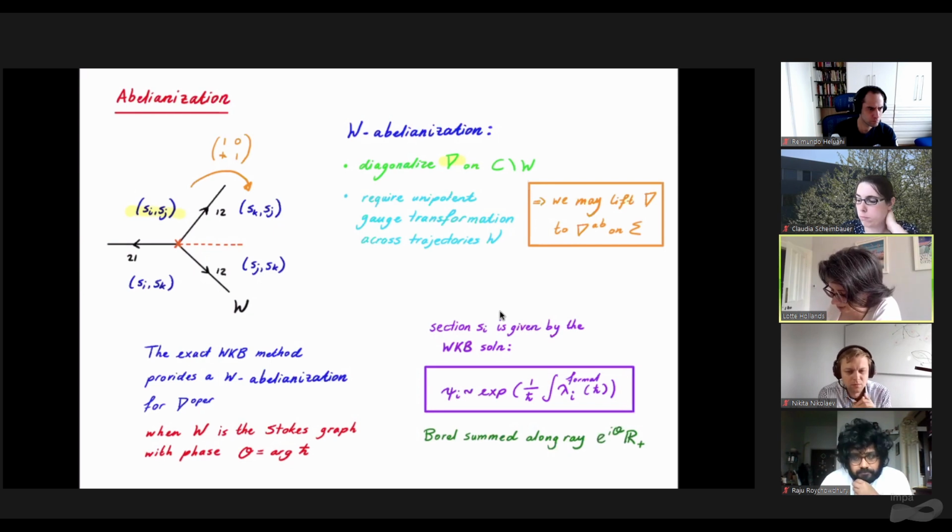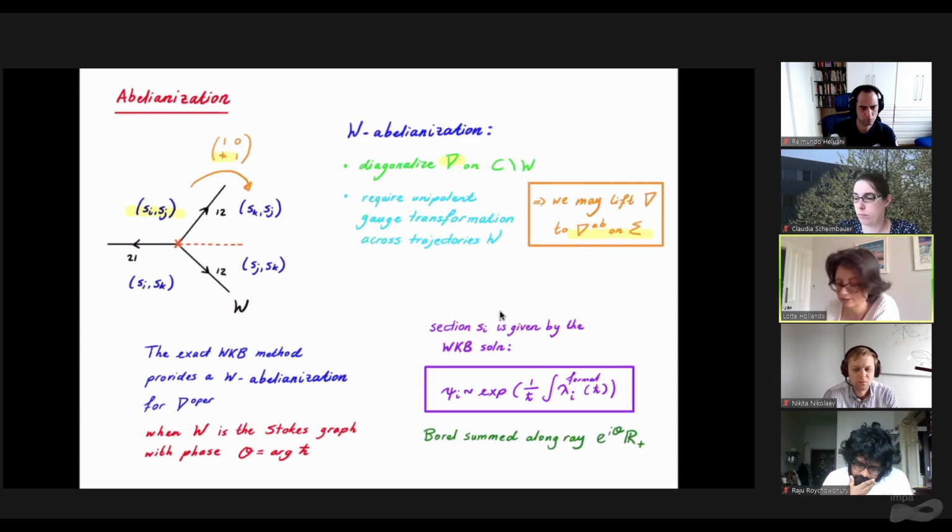So if it's a trajectory of type 1,2, then it has a non-zero entry at the position 2,1, and the other way around for a trajectory of type 2,1. If we find such a gauge with these properties, then the statement is that we may lift this flat connection to a C star connection on the spectral curve sigma.